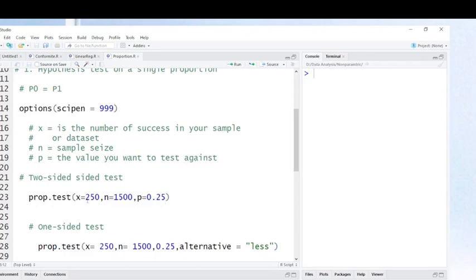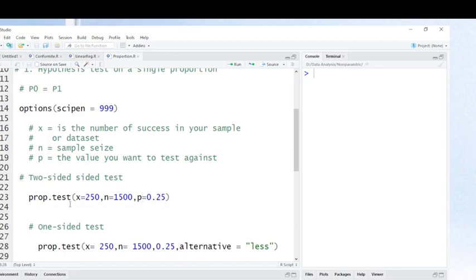This is the number of successes having the characteristic you are interested in, this is the sample size, and this P here is the standard proportion or standard norm. You want to compare if this proportion is equal to this standard or this norm.